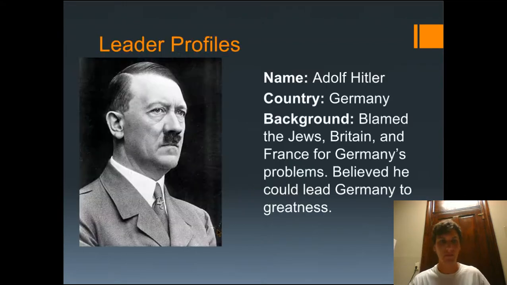Exactly. So there was a guy in Germany who blamed all these other people for Germany's problems. His name was Adolf Hitler. So he became a part of a political party, and the party was called the Nazi Party. And he told people that it was the Jews' fault.